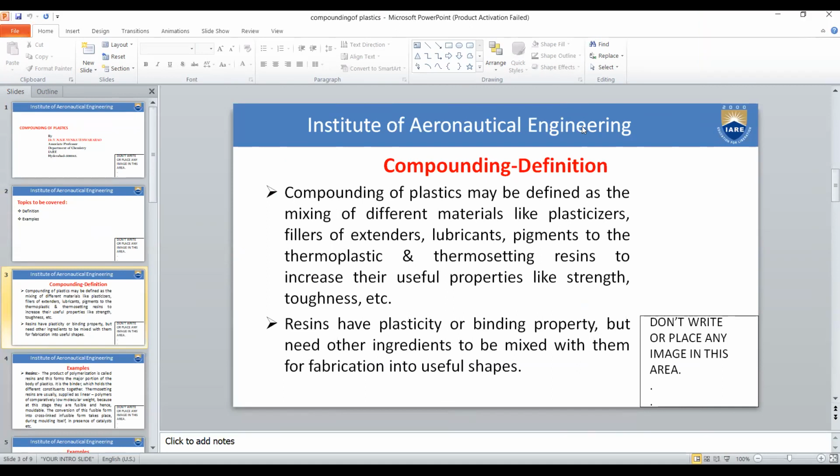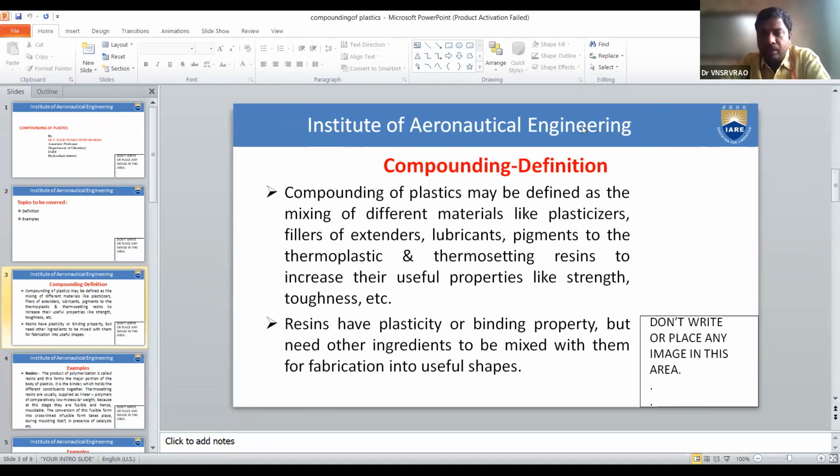Mixing of different materials like plasticizers, extenders, lubricants, and pigments to thermosetting and thermoplastics. Only thermoplastics, or thermosetting also? Both. To increase the useful properties or to improve the strength of the plastic. That is nothing but compounding of plastic.